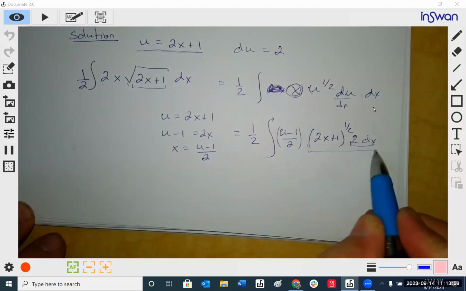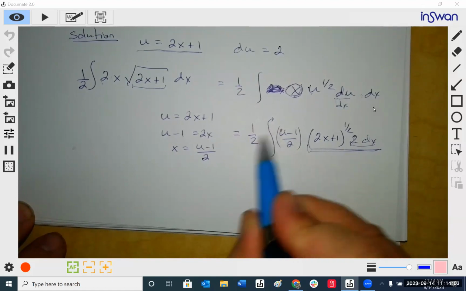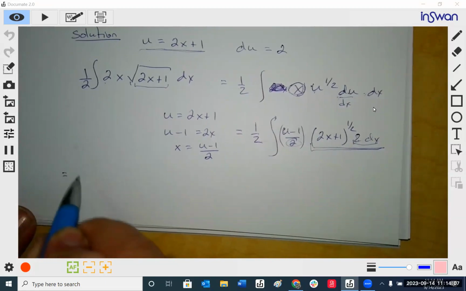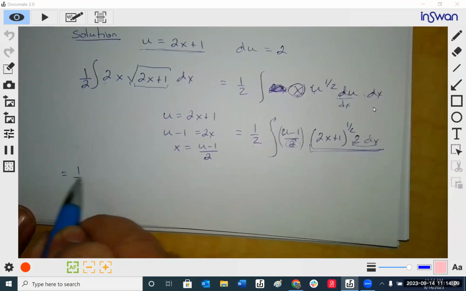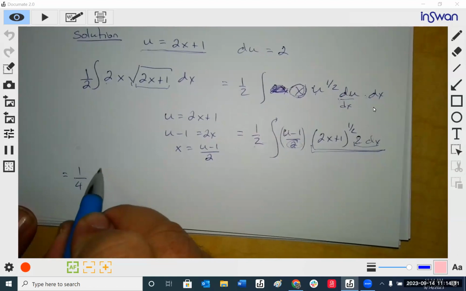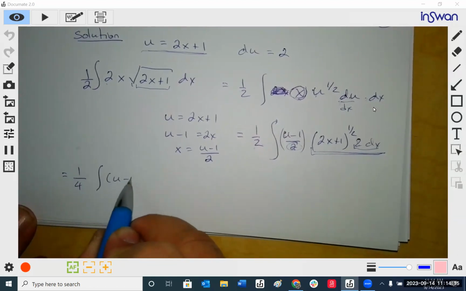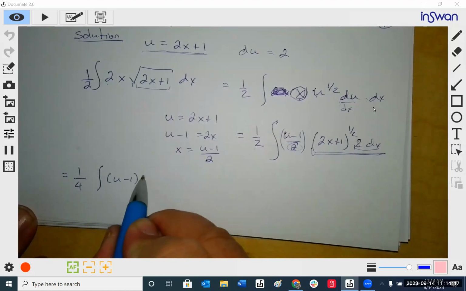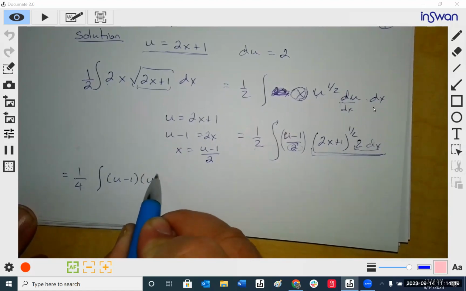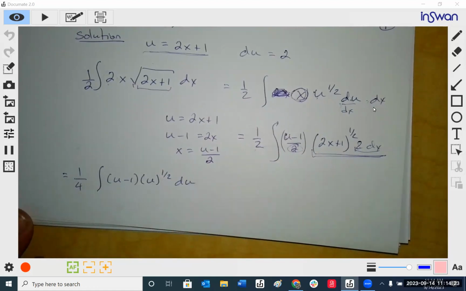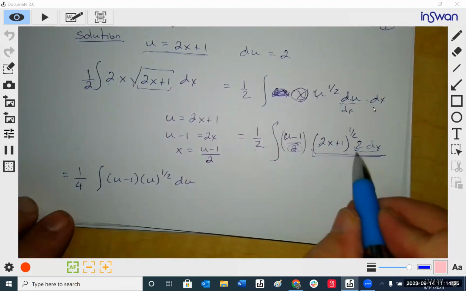We can't do anything with this just yet, but we can simplify what's out here. This 2 we can bring out in front, so we get 2 times 2 is 4. So we have u minus 1 times u to the power 1/2 du.